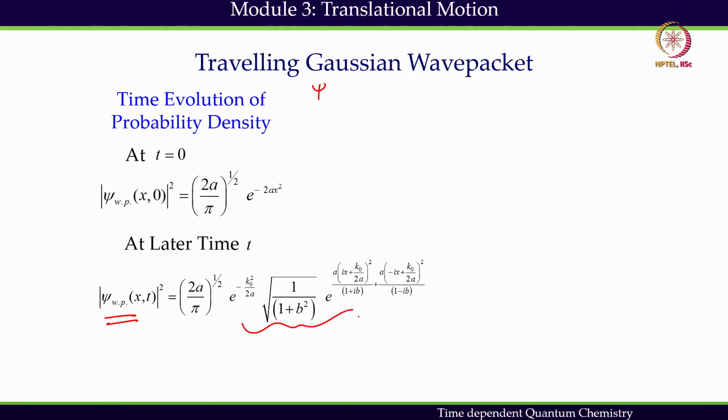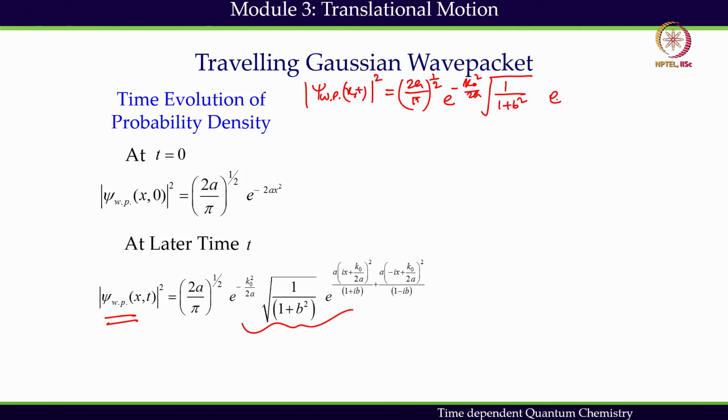We have simplified this part, and will get this psi Wavepacket x t equals 2a by pi to the power half, then e to the power minus k naught square by 2a, then square root of 1 by 1 plus b square.